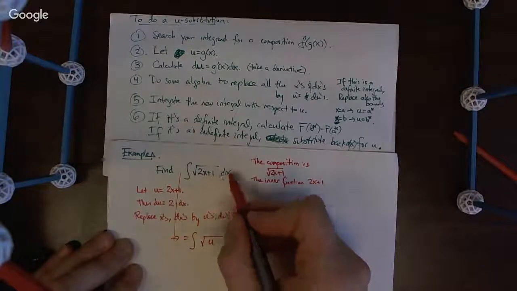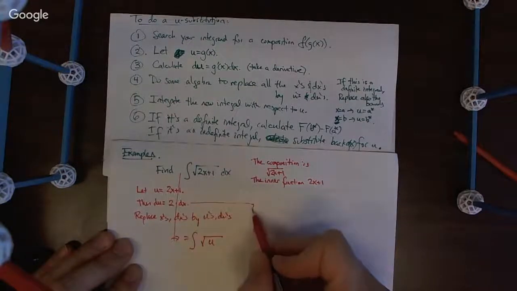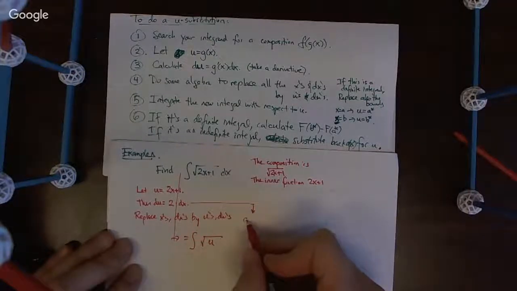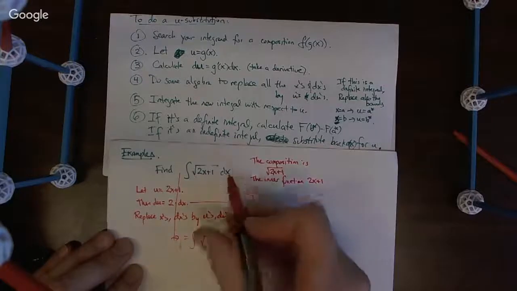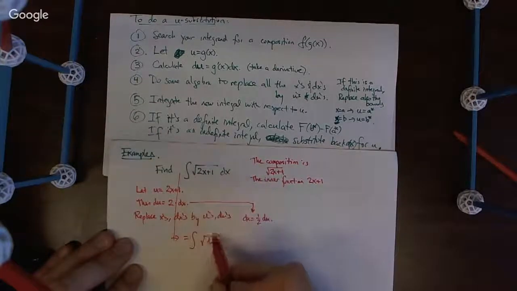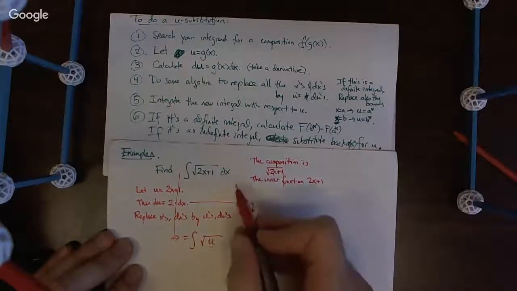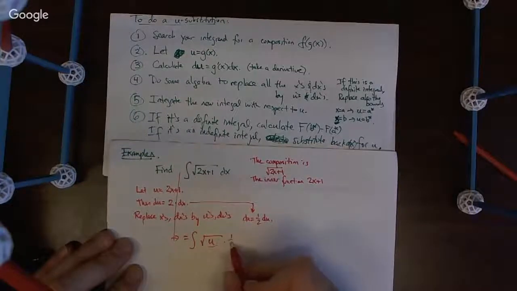But now we have a dx here, so we'll rewrite this equation. du equals 2dx, so dx is equal to 1/2 du. So the 2x plus 1 becomes a u, and the dx becomes a 1/2 du.